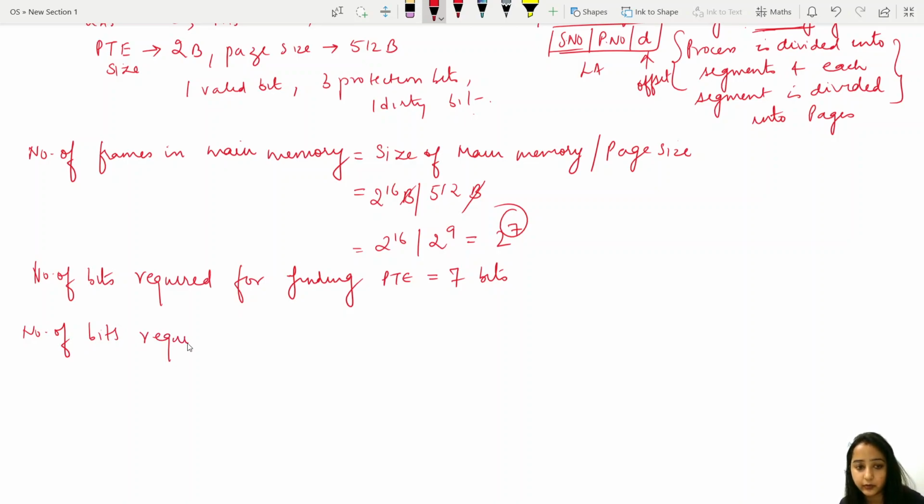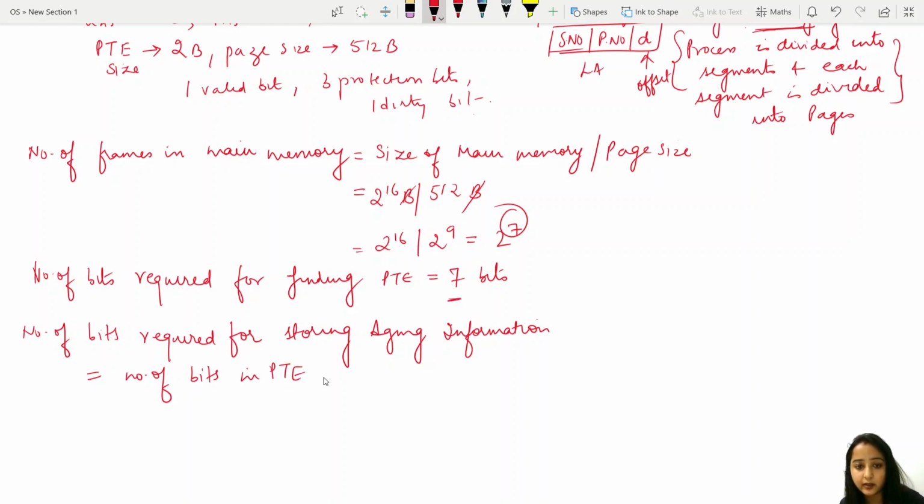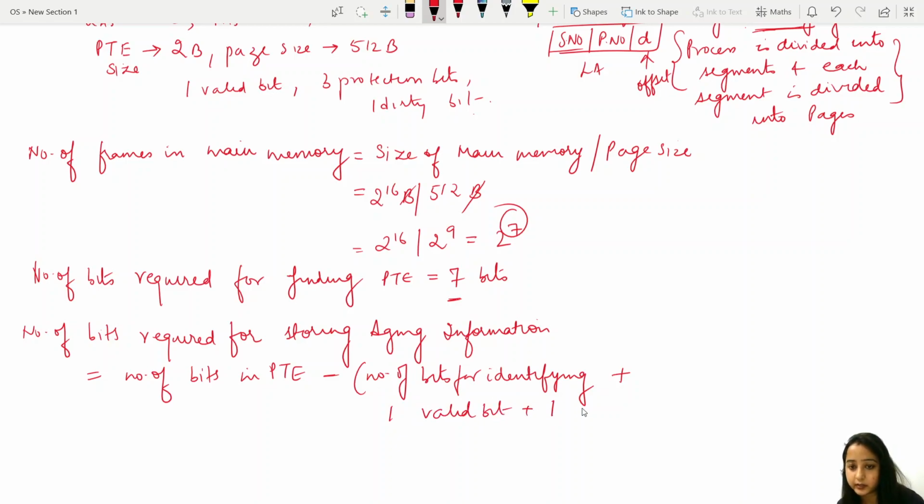So what is the number of bits that we have to find out? The number of bits required for storing aging information will be equal to the number of bits in the page table entry, minus the number of bits for identifying, plus 1 valid bit, plus 1 protection bit, plus 1 dirty bit.